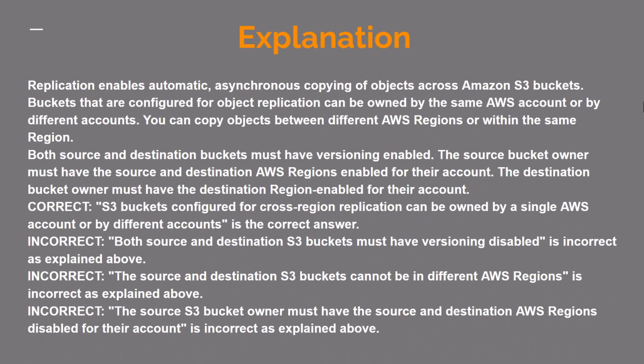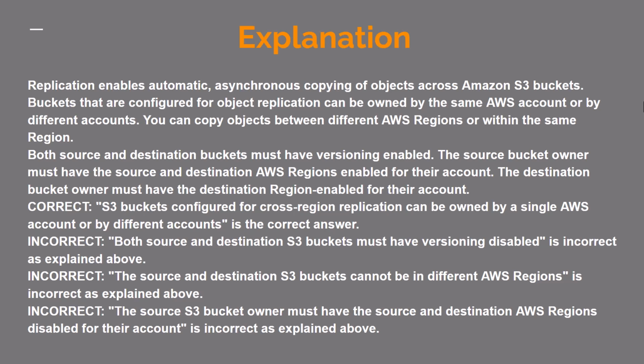Explanation. Replication enables automatic, asynchronous copying of objects across Amazon S3 buckets. Buckets that are configured for object replication can be owned by the same AWS account or by different accounts. You can copy objects between different AWS regions or within the same region. Both source and destination buckets must have versioning enabled.